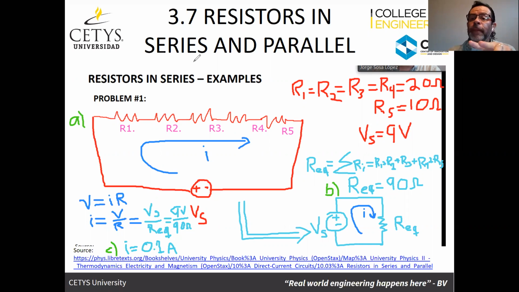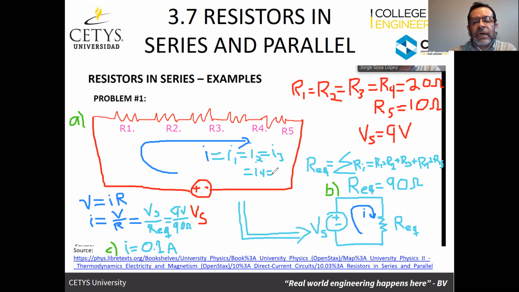Remember, when we are talking about series resistors, there's a current I, and this is going to be the current in each of the resistors. Because they're connected in series, the current is the same in each of the 5 resistors. Okay.